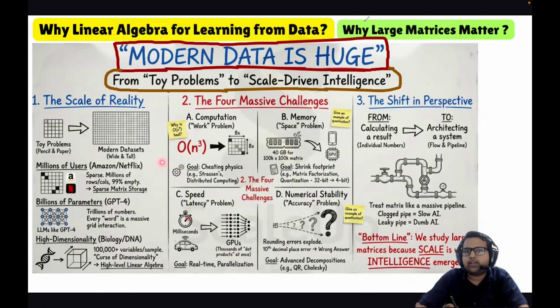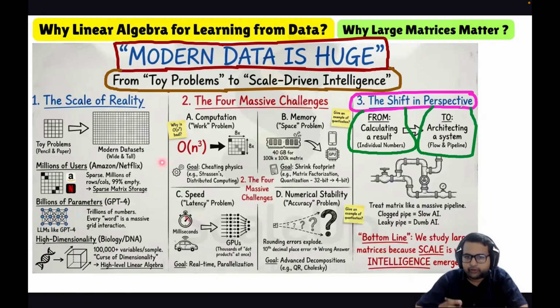Now let us look at the shift in the perspective. We have seen a shift from calculating individual numbers to architecting a system. When we are dealing with large matrices, we stop worrying about individual numbers and we start worrying about the flow.